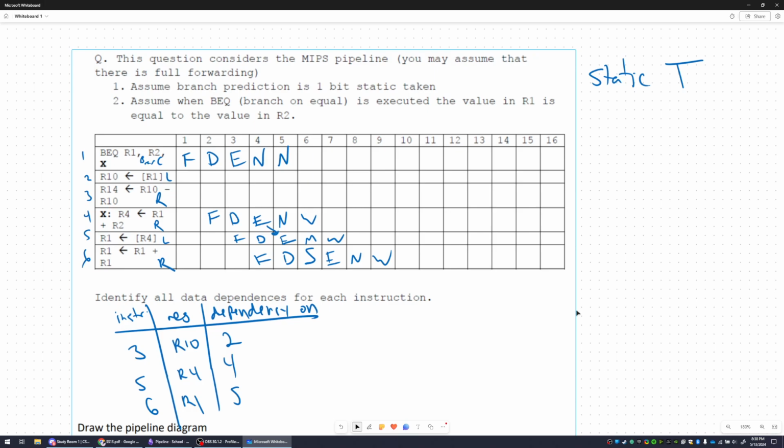Okay. Any questions? The one thing I don't understand is, okay, there's a branch predictor, but how can we know that it's even a branch instruction until it's decoded? How does that even work? Did he ever explain that?